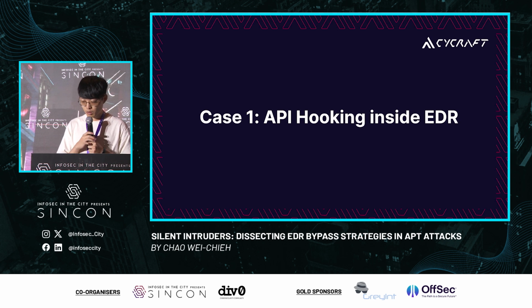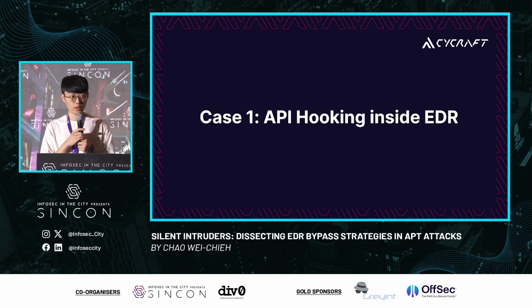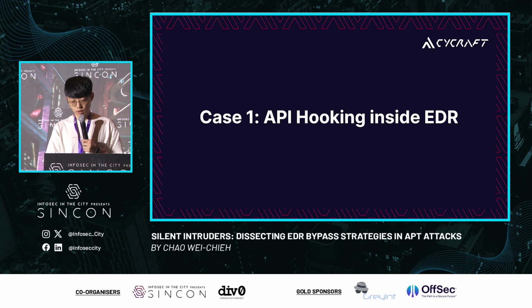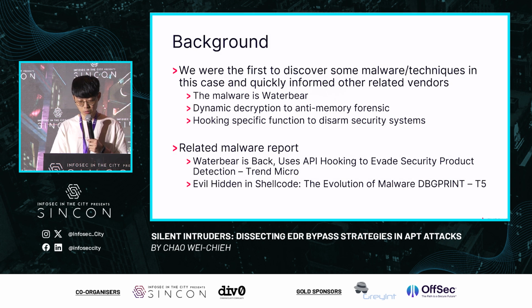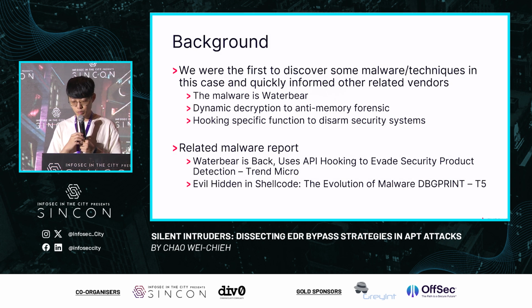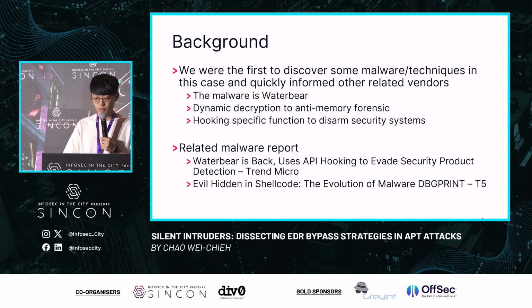Now we can start to see our first APT case. In this case, API hooking is used against the EDR system. Here is some background. In this case, we were the first to discover the malware and inform the related vendors.